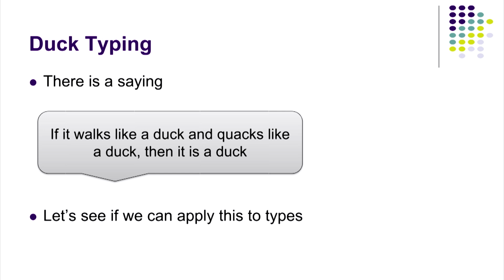I don't know if you know what duck typing is, but it's a fairly simple idea. There's a saying that if something walks like a duck and it quacks like a duck, well, then it's a duck. Can we apply this principle to types?